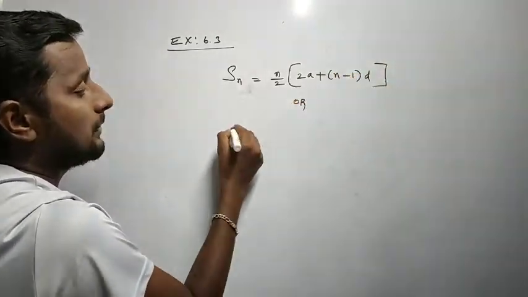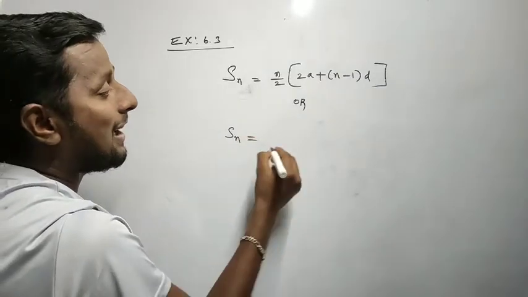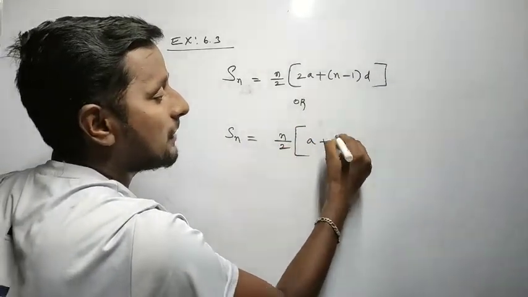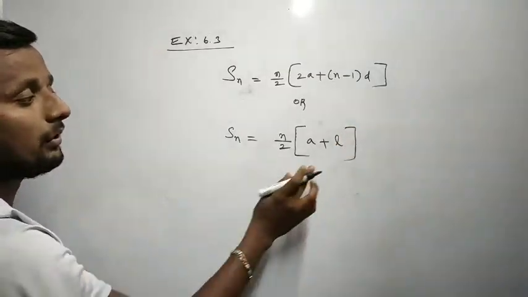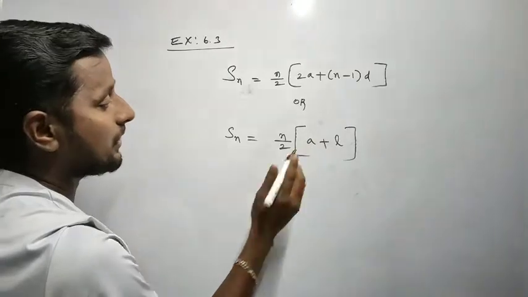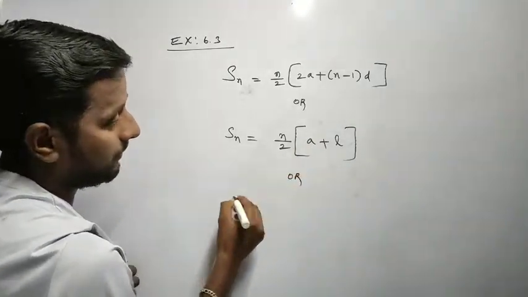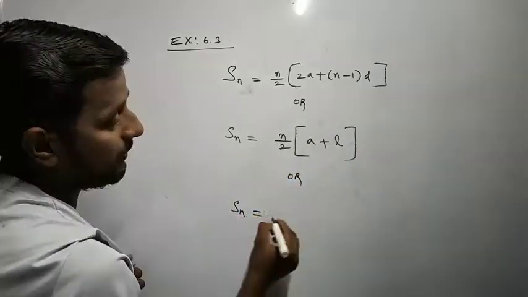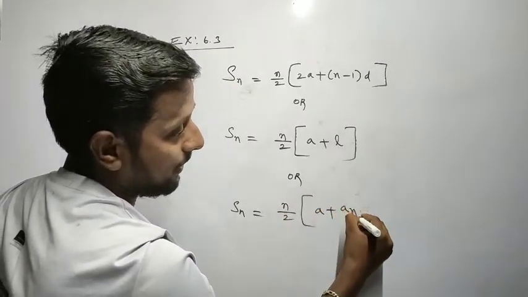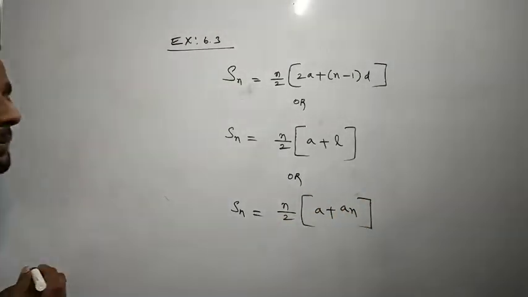Or, if you know the last term, Sn equals n by 2 of (a plus l), where l represents the last term and a represents the first term. Or the sum of n terms equals n by 2 of (a plus an), correct?